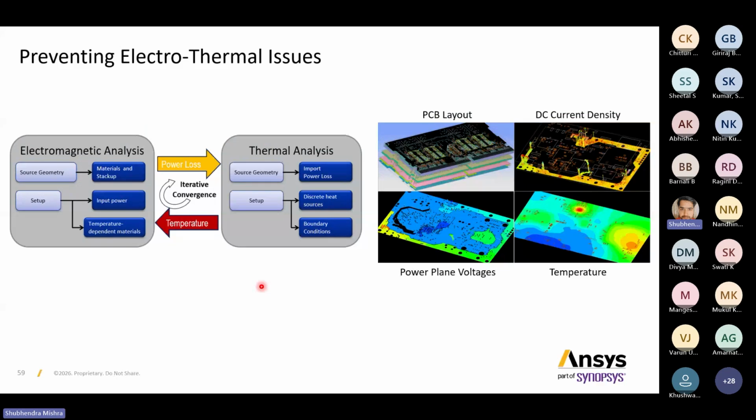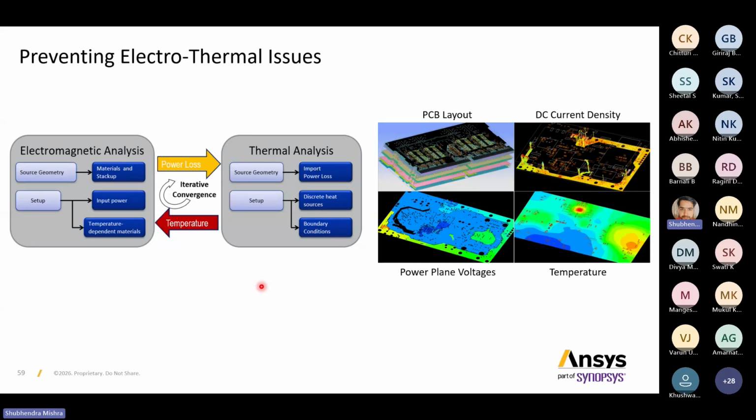When I talk about data loss, for example, I'm completing the whole simulation in the SIwave, then moving to the Icepak, then again moving to the SIwave for evaluating how the current and voltage are for that phase.